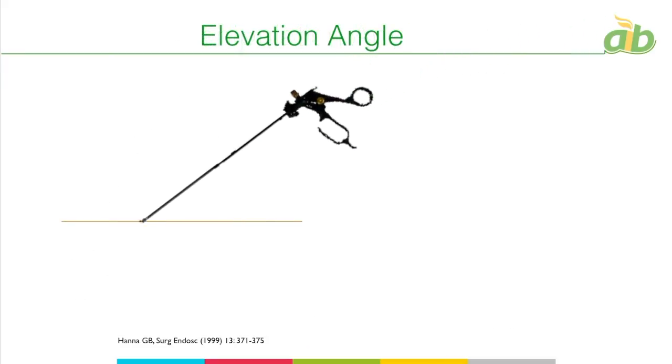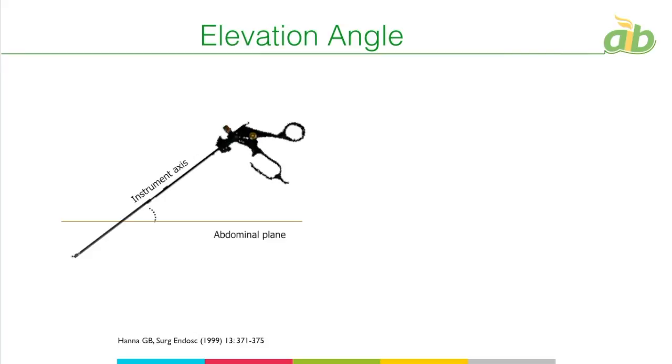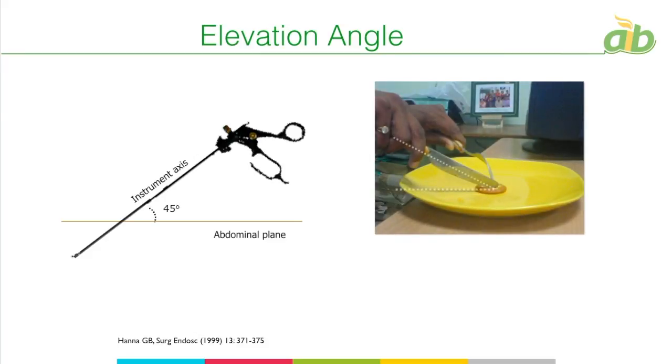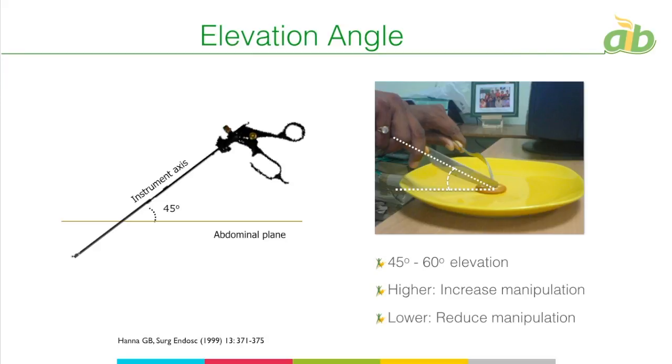Elevation angle is again very important, which is least understood by most novice surgeons. What is it? It's the angle at which the instrument is positioned above the abdominal plane. It has to be around 40 to 60 degrees and not beyond that.